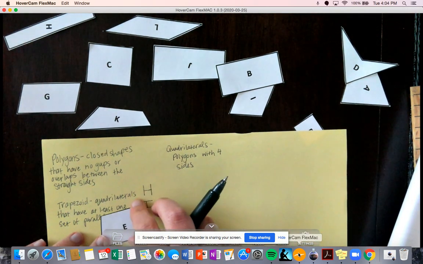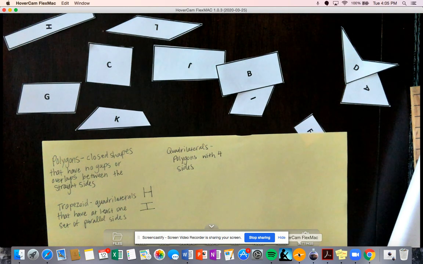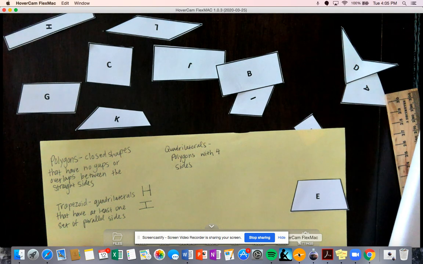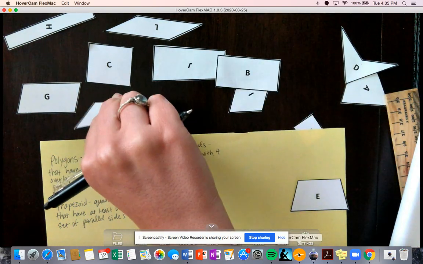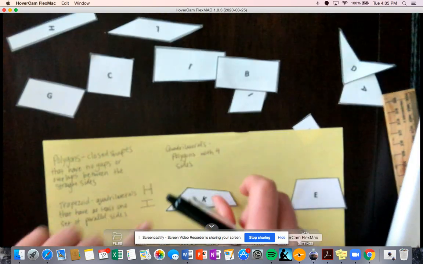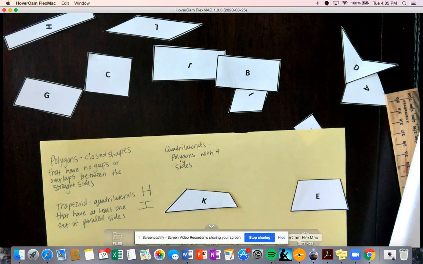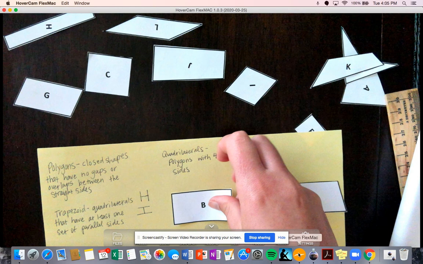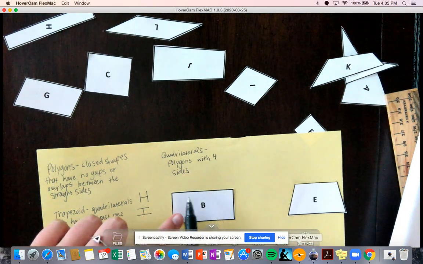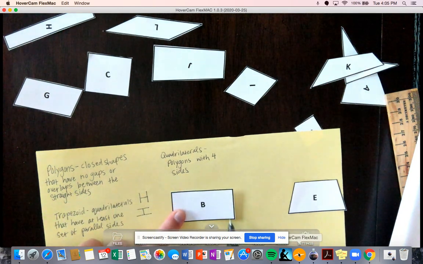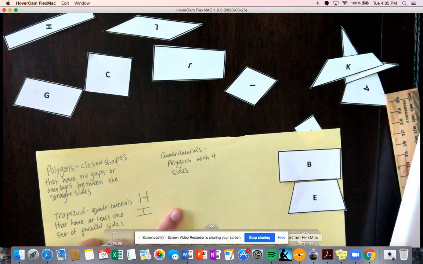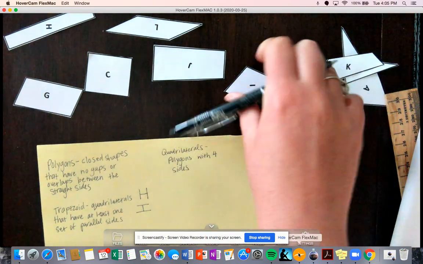So I can add E to my pile. Next up is K. K does not have any that look like an H. B. I can see that these two lines look like they're never going to touch, and these two lines look like they're never going to touch. So B is also a trapezoid.